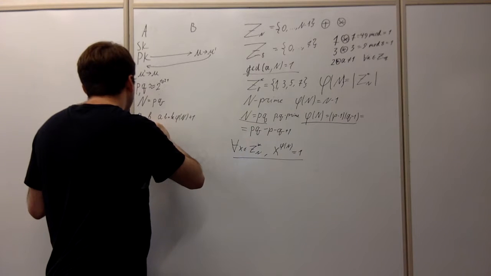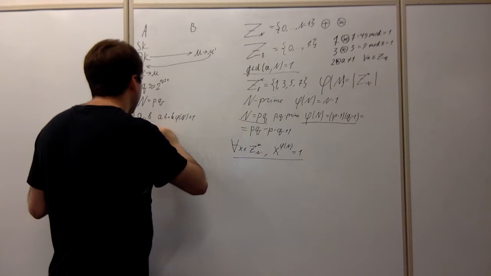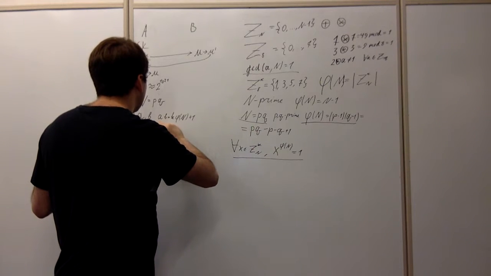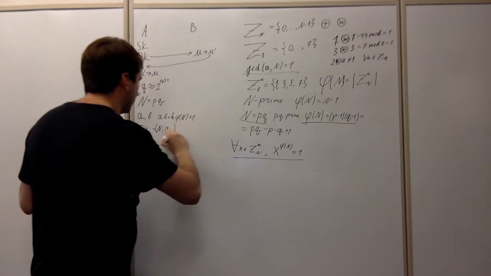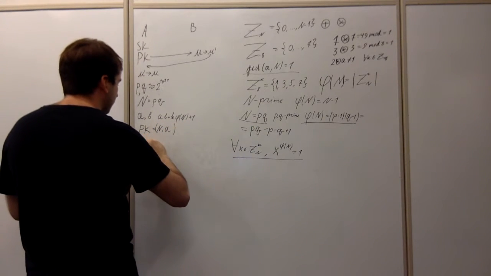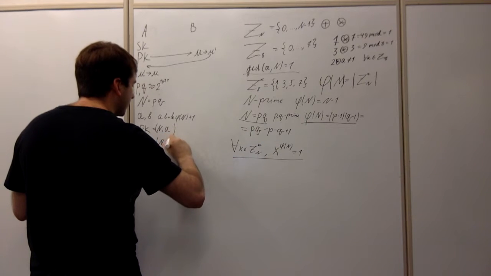Once that's done, we can define the public key as n and a, and the secret key as n and b.